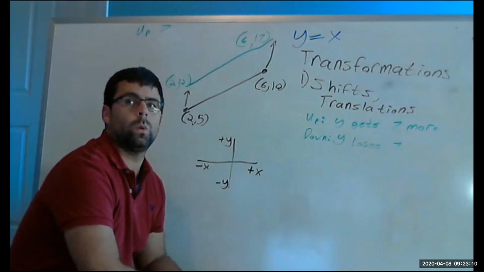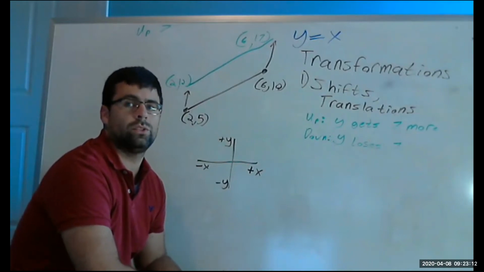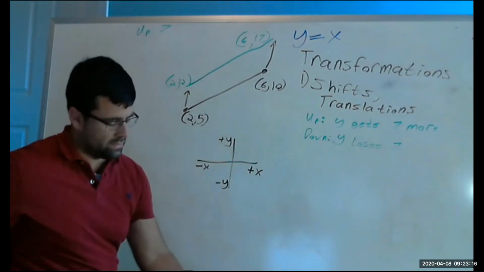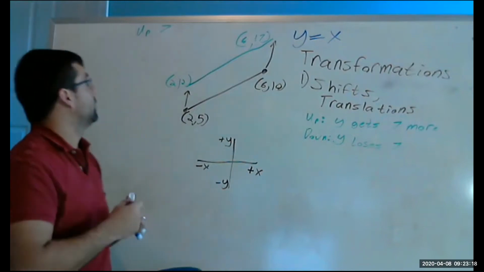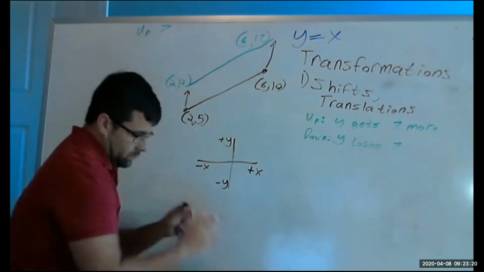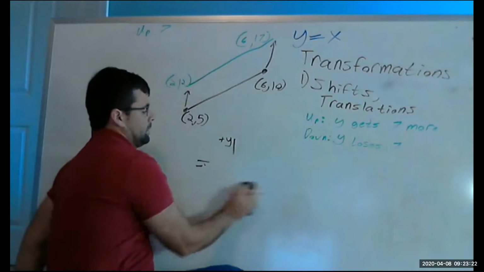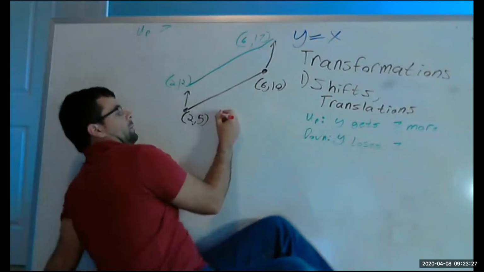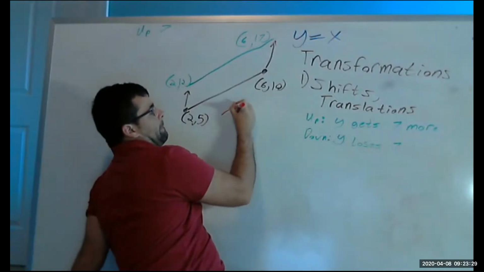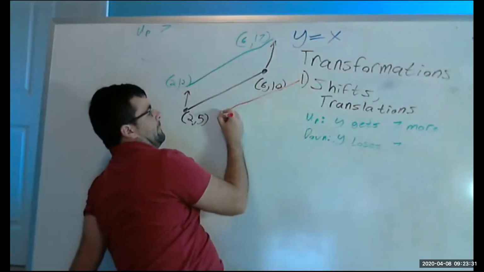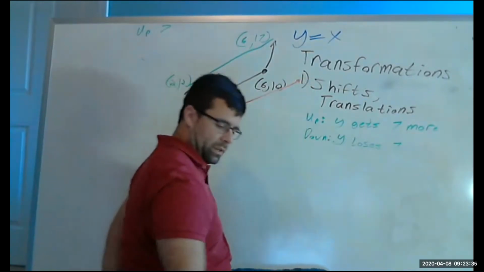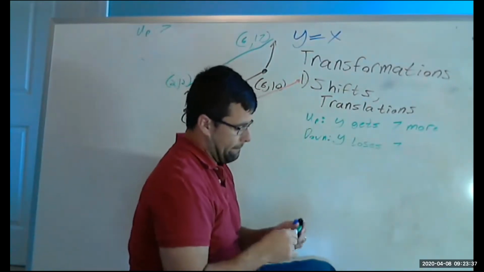So what about left to right? What if we shift this line to the right by 3? And I know it's probably not to scale, it's fine. Just go with it.